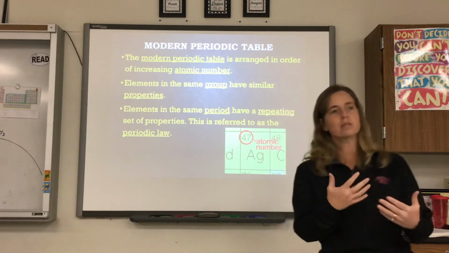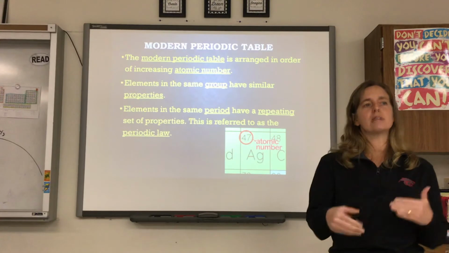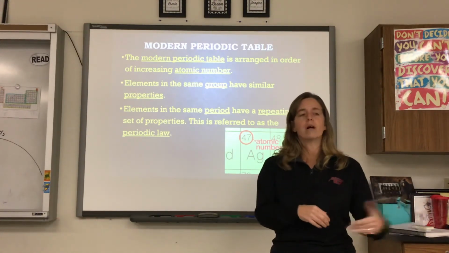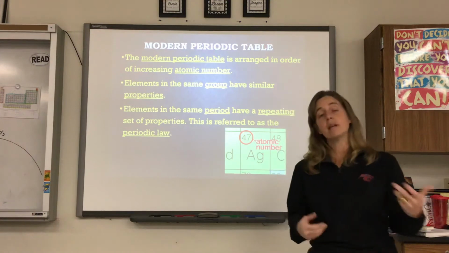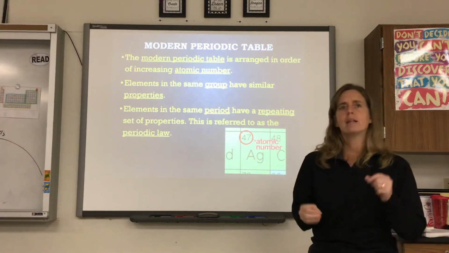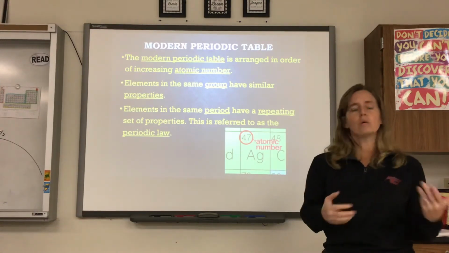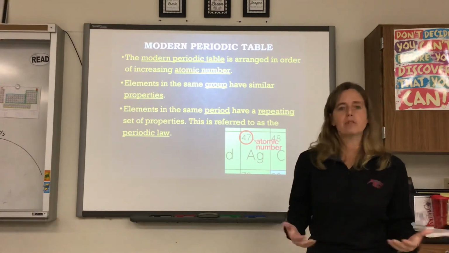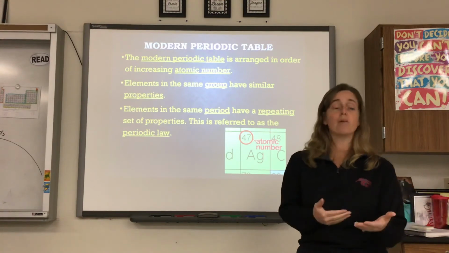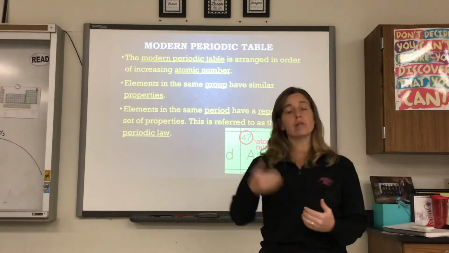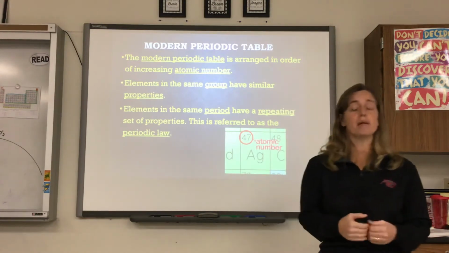Well, as we started developing more elements and things started switching more and more, there was a man by the name of Henry Moseley that said, let's look at the atomic number. Oh, look here. The atomic number never changes, because they found later on that protons will not change, because once you add a proton, you're changing the properties of the element.